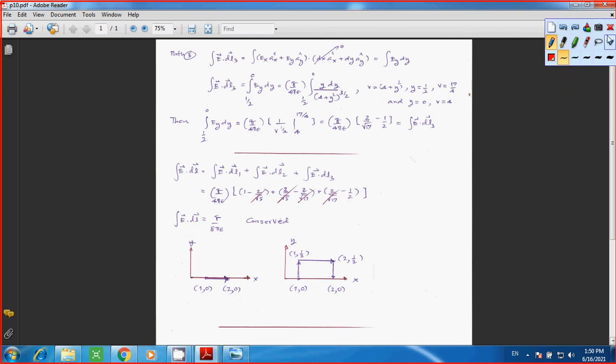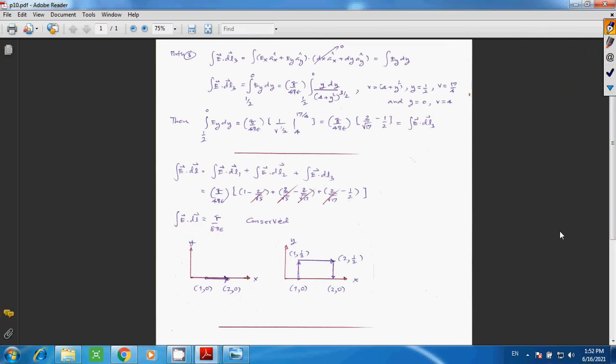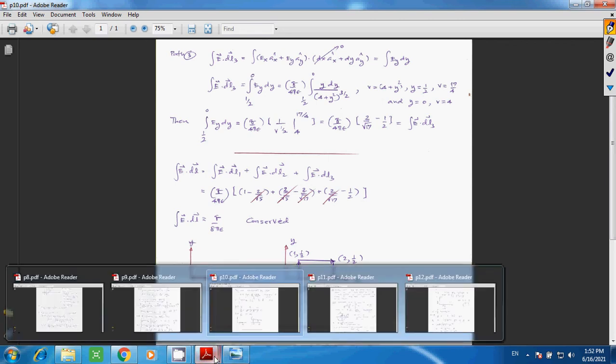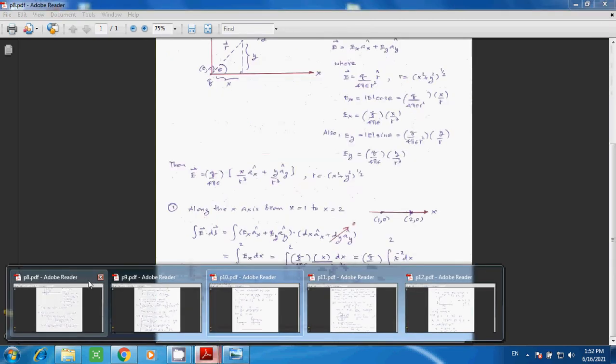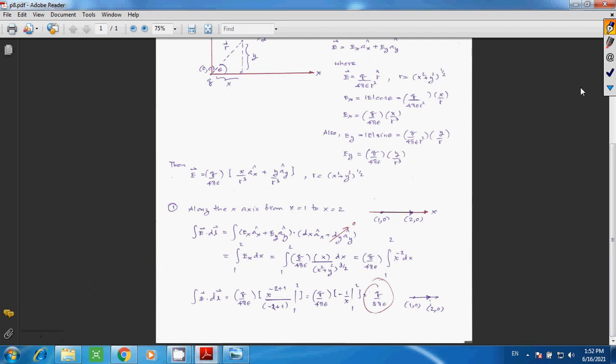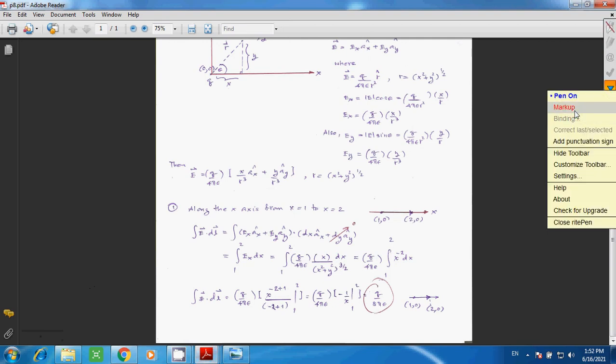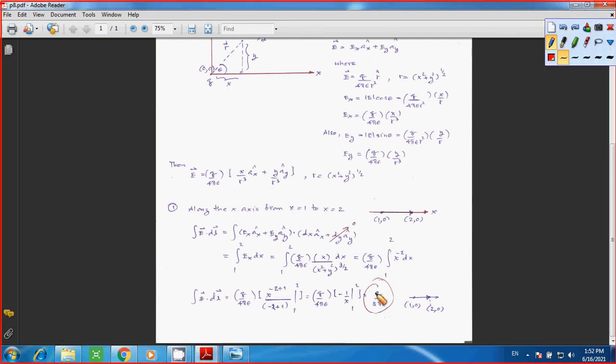And that's the line integration of the first one. Okay, this is q over 4 pi epsilon. So you're back to the previous path, which we had before. This also gives you q over 8 pi epsilon.